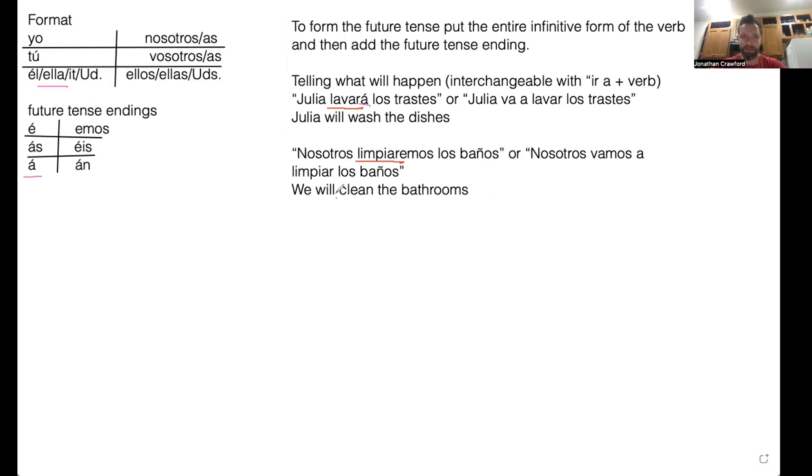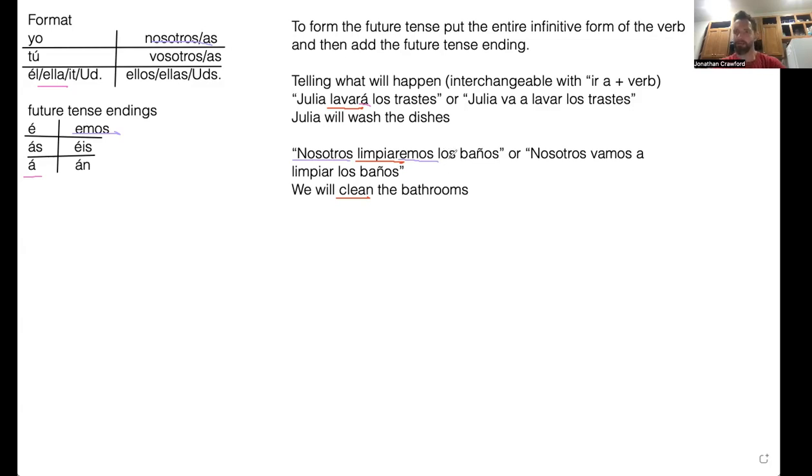Limpiar means to clean. Then we use emos because it says nosotros right here. So we know that that's nosotros, it's the upper right hand, so we use emos, and therefore it's limpiaremos. Limpiaremos. We will clean los baños.